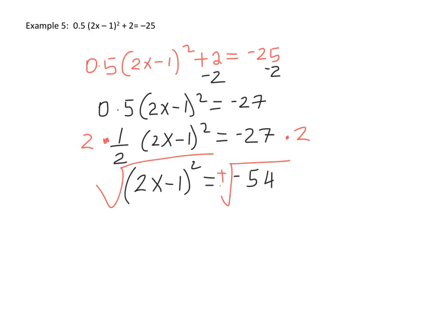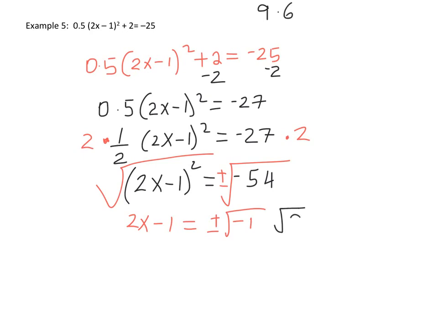And then I'm going to take the square root and do plus or minus. So I get 2x minus 1 is equal to plus or minus the square root of negative 54. So what square can I use? Which perfect square goes into 54? I'm thinking about 9. So 9 times 6 is 54.